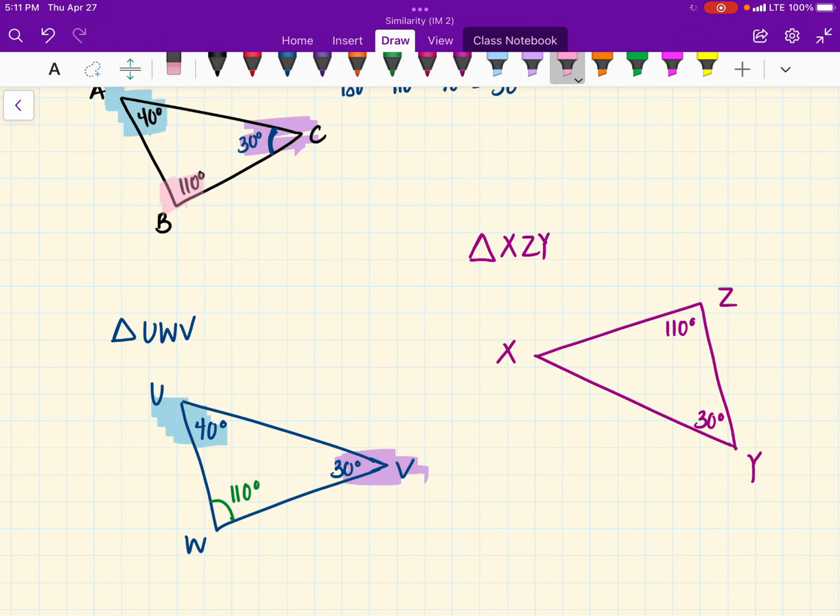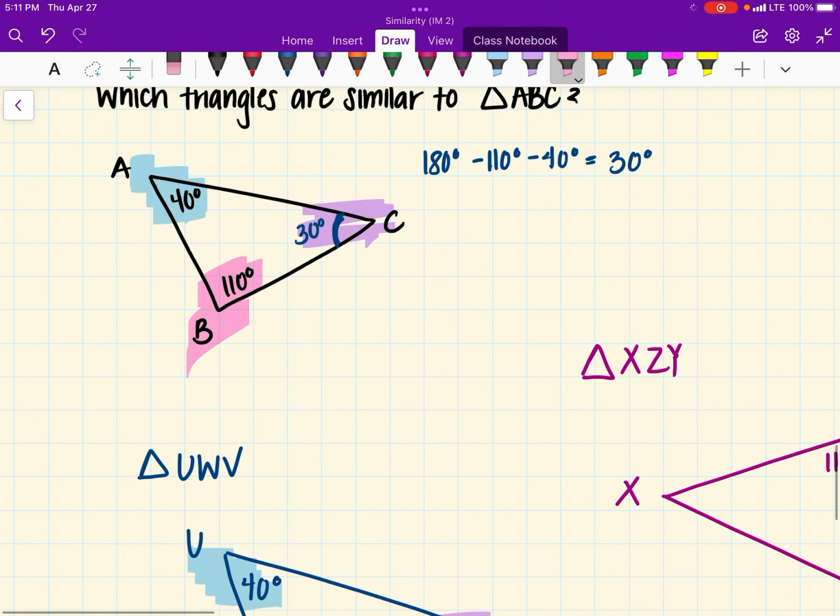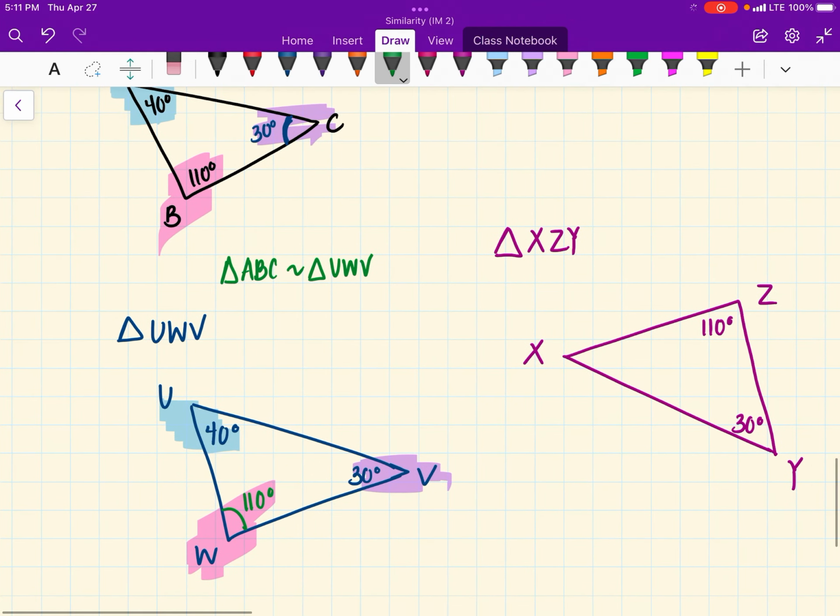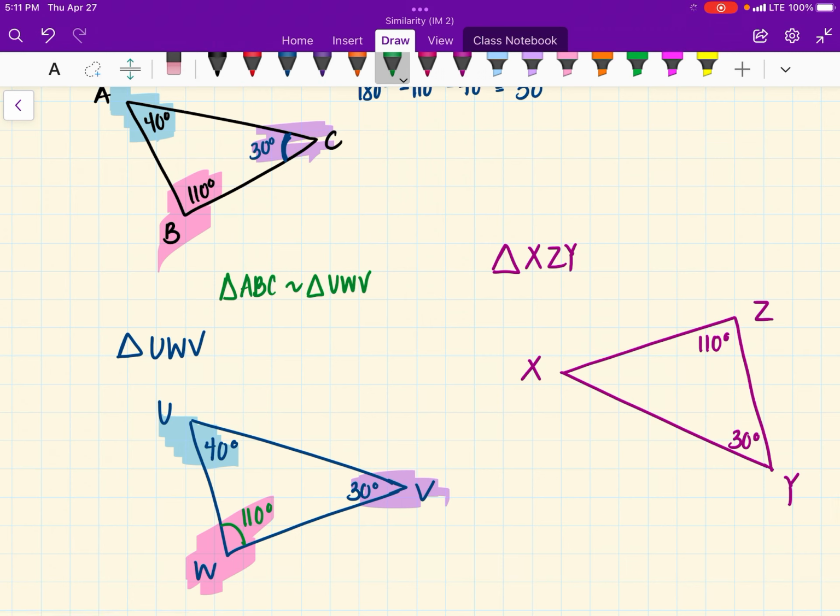So then I can say that triangle ABC is similar to triangle UWV. Right? We can conclude that because we started off with two angles and the third one is basically automatic. It should work.